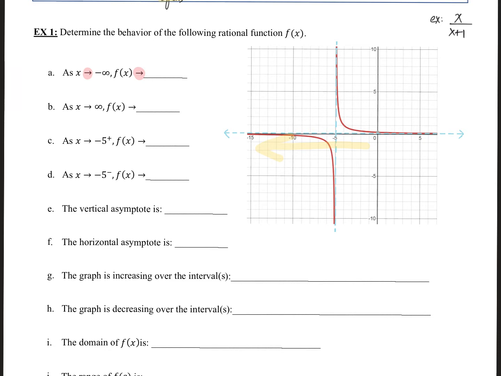What is our function approaching? If we follow the graph as we move off to the left, this graph slowly approaches a certain value, and that value, in terms of y, is going to be 0. So as my x values get smaller, or more and more negative, my y values start to approach 0.